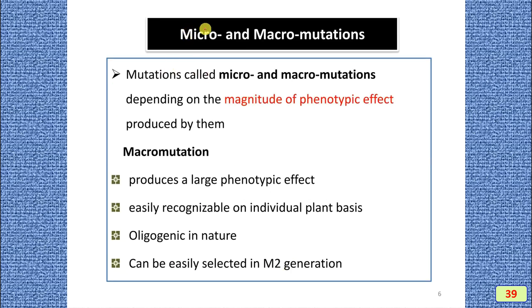Then there are once again the terminologies like micro and macro mutations. Mutations are called micro and macro mutations depending upon the magnitude of phenotypic change or effect produced by them. Macro mutation produces a large phenotypic effect, is easily recognizable on an individual plant basis, is oligogenic in nature, and can easily be selected in the M2 generation.